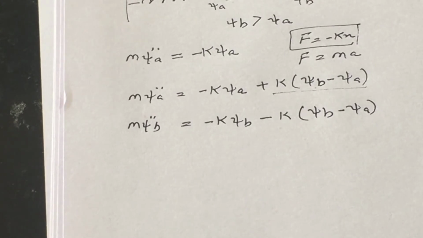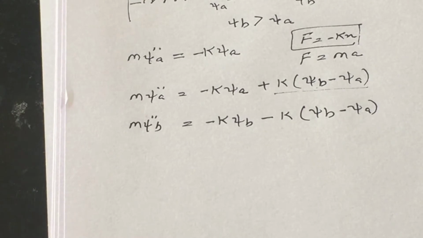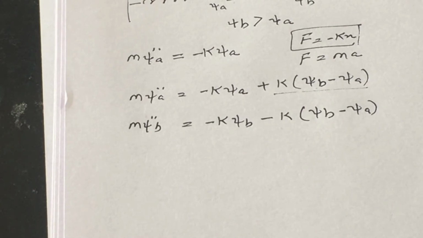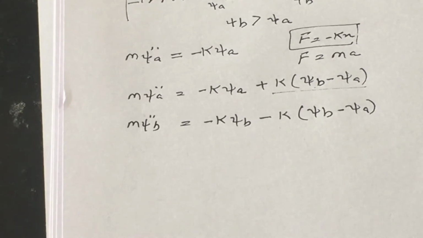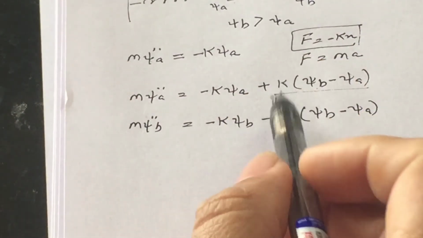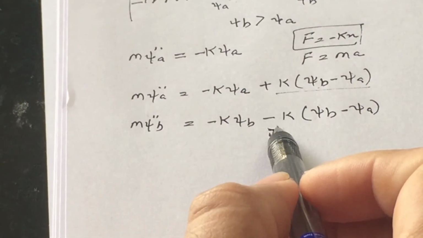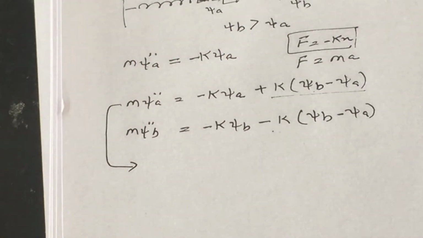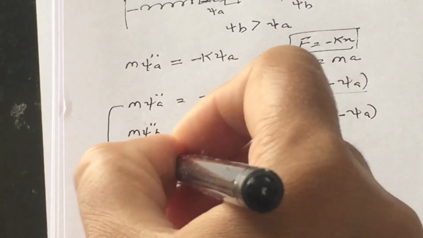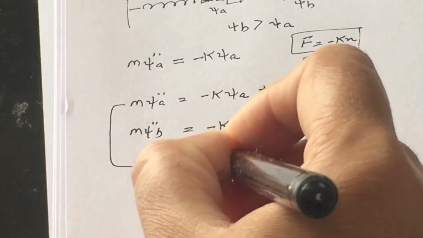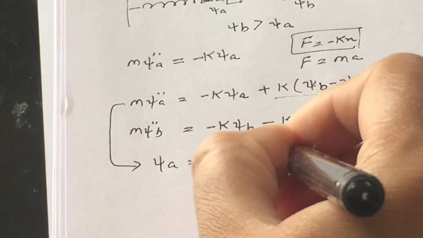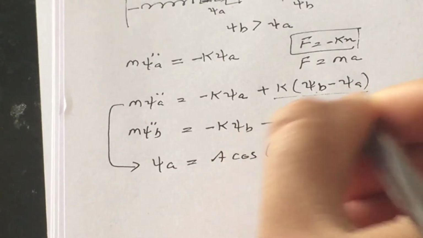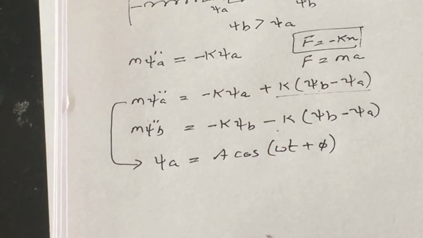These are the two simple harmonic motion equations of two masses which are attached with springs having spring constant k. If both these equations are simple harmonic equations, then the solution of this equation will be psi a is equal to a cos omega t plus phi. That is again the representation of simple harmonic motion displacement.